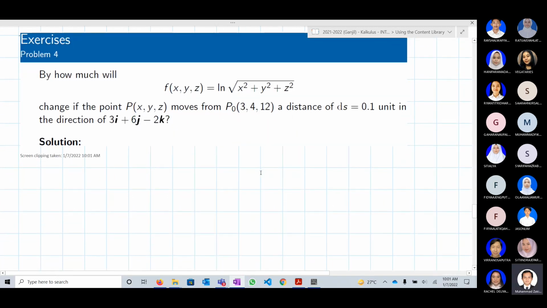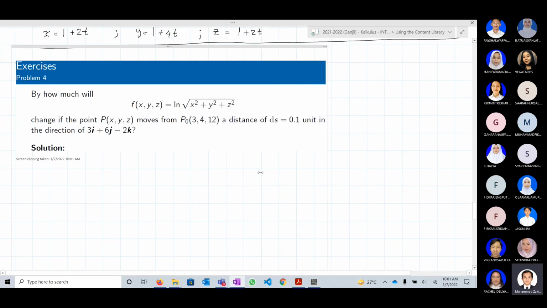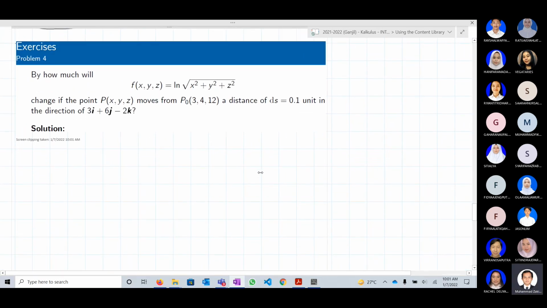So for this one, the question is, by how much will the function change if the point P(x, y, z) moves from P0 a distance of this unit in the direction of this?